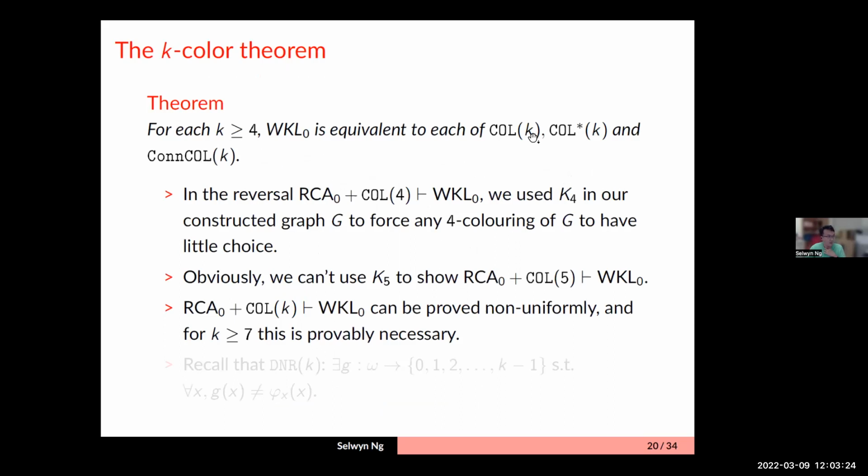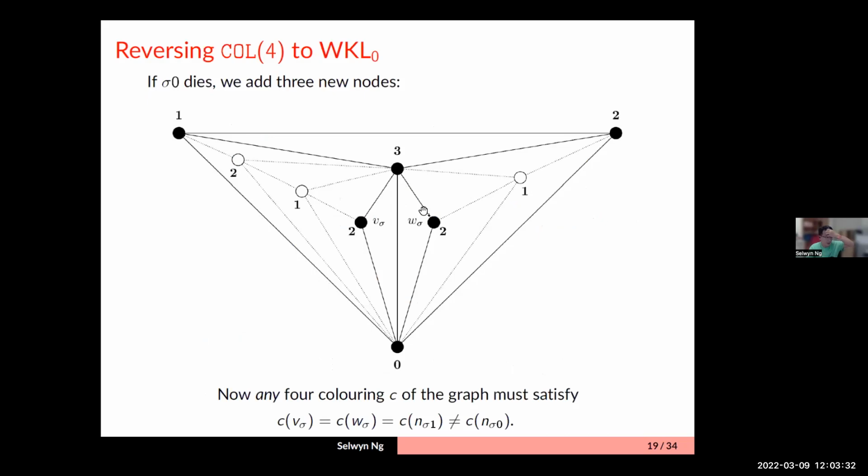So what about the k-color theorem for k larger than 4? In the reversal that I just described here, we actually used the 4-clique as an integral part in the proof to force any 4-coloring to have very little choice, and that's very important.